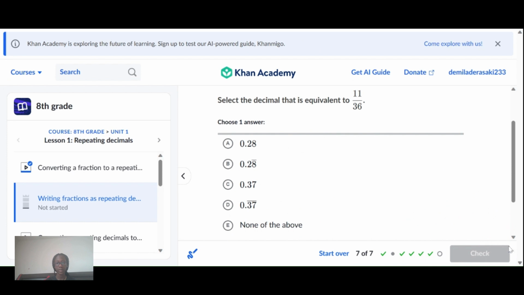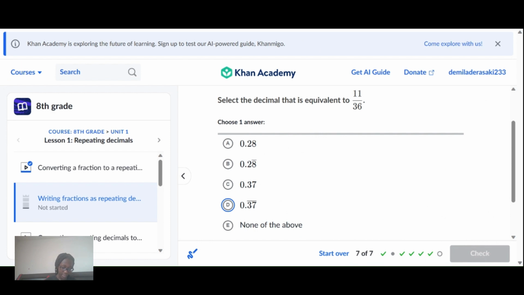Next question, last one. Okay, 36 divided by 11, so you have 11.000. Now 36 times something makes 110. So 36 times 4 is 144.